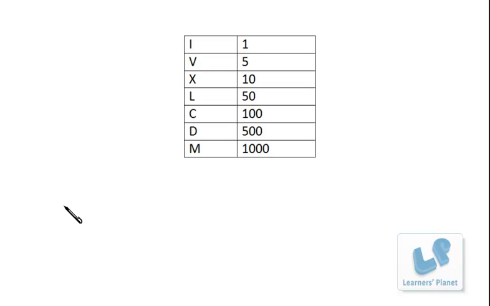Kids, we wrote the numbers from 1 to 10. Now we will write the numbers from 11 to 20. Now it's 11. 11 is 10 plus 1. That means 10 is X and 1 is I. So if I write I on the right side of X, the values of both of them will be added and the answer is 11.